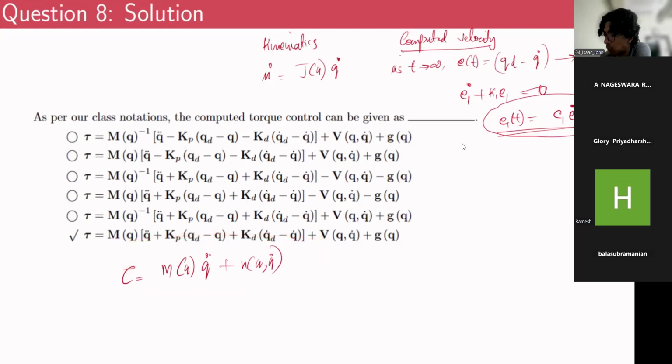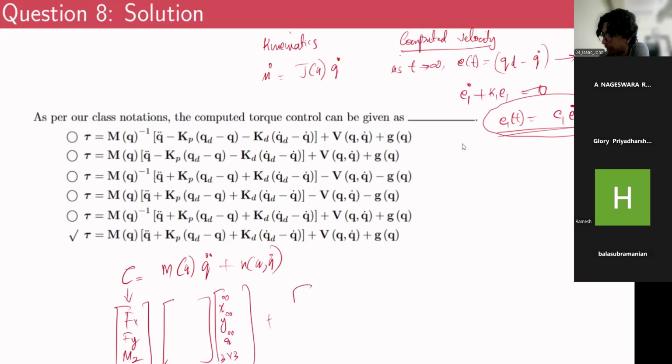Here this tau vector would look something like Fx, Fy, Mz, and this mass matrix would be a 3x3 mass matrix. And this q double dot would be x double dot, y double dot, and then a rotational angular acceleration, theta double dot. Then one more vector you have over here.